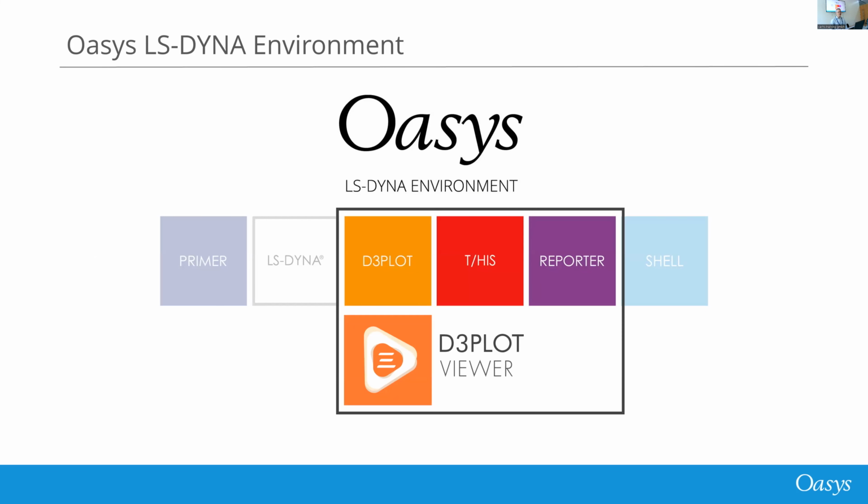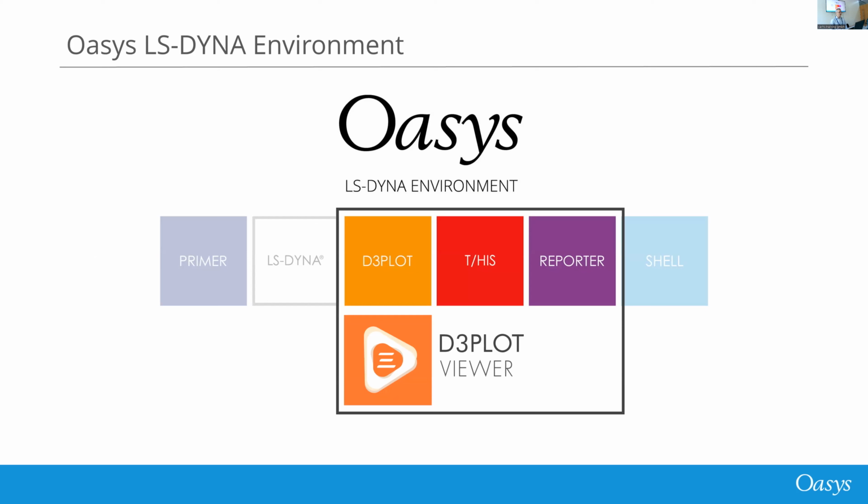Oasys D3Plot is the advanced 3D visualization package for post-processing LS-DYNA results. We have another program called THIS, which is an XY data plotting package designed primarily for use with LS-DYNA. We have Reporter, which offers automatic report generation for LS-DYNA simulations, images, graphs, summary tables, and more.